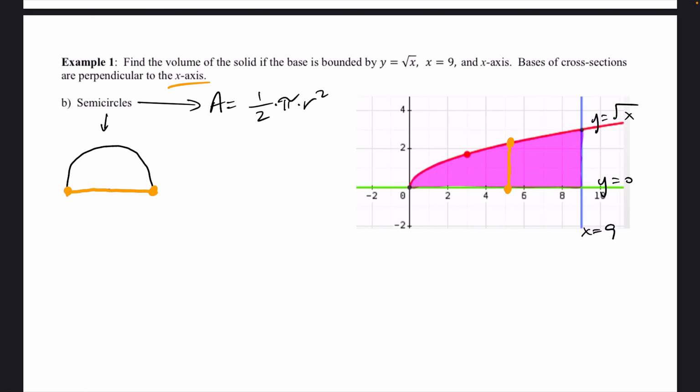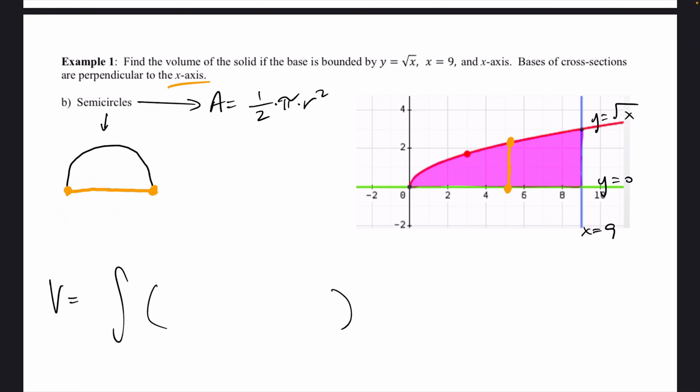All right, so let's set up our equation. This is dx, we said, because it's perpendicular. That orange line is perpendicular to the x-axis. When it's perpendicular to the y, that's when it's going to be a dy.